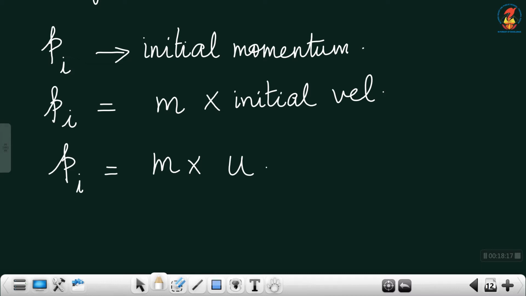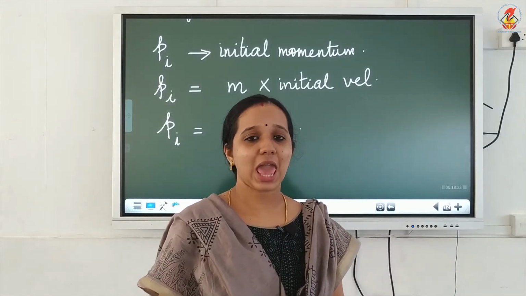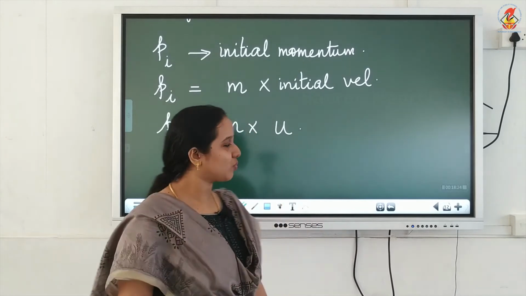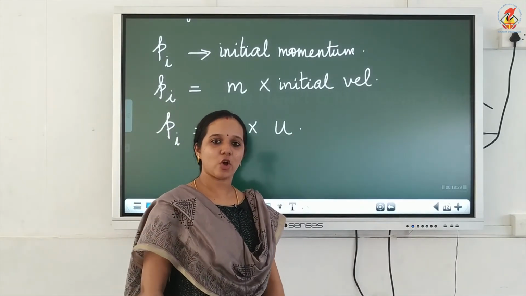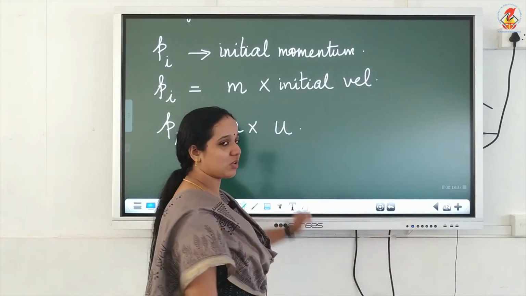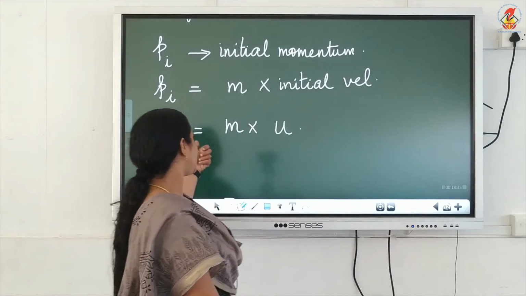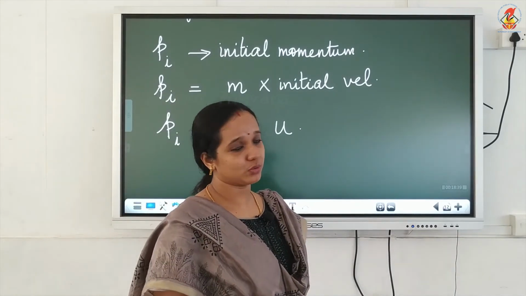So, initial momentum is m into u. Initially an object with mass m was moving with a velocity u, then the initial momentum of that object is m into u.